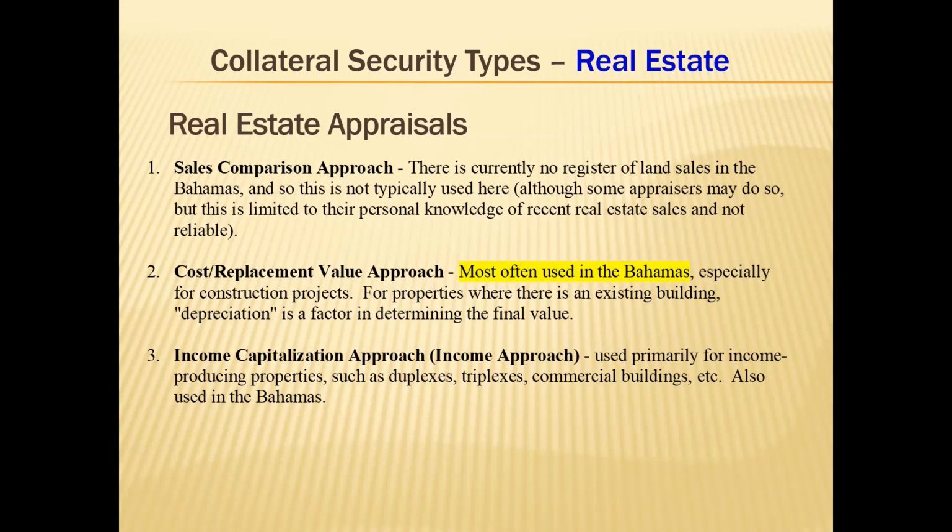Whereas the sales comparison approach, okay, if you now base it on the sales comparison approach, and you start with 90,000 rather than 100,000, then you discount that by 10%. You're taking off 9,000 from the 90,000. So now you're working with a value of 81,000 as opposed to 90,000.